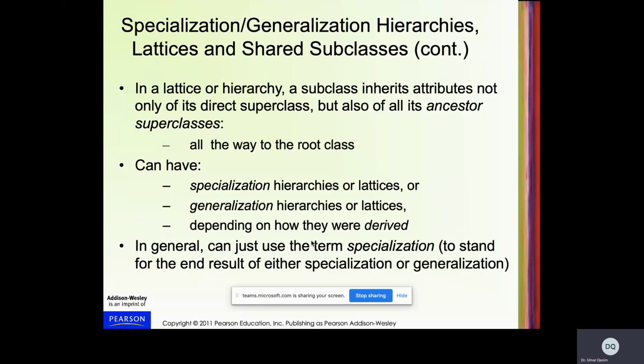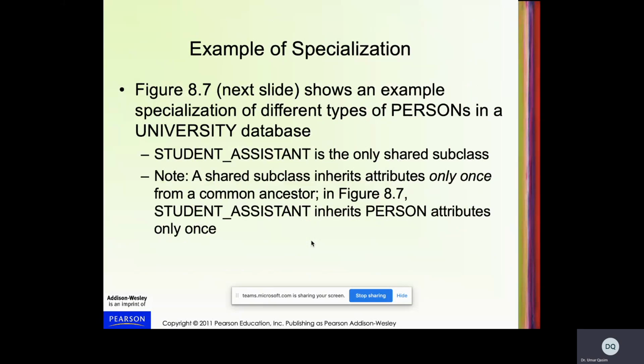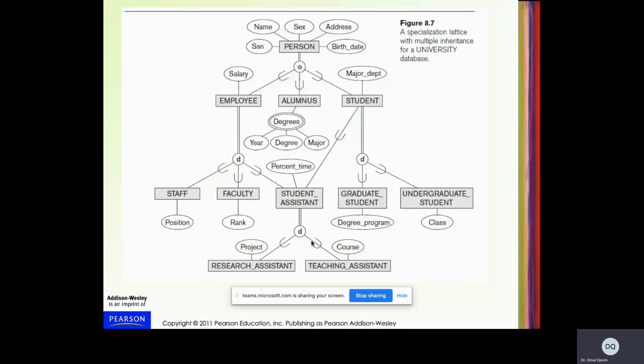So we look at some of these examples of specialization. Let's look at this. If you see, there is a person, and the person is participating in a relationship which is overlapping. It could be an employee, an alumnus, or a student.